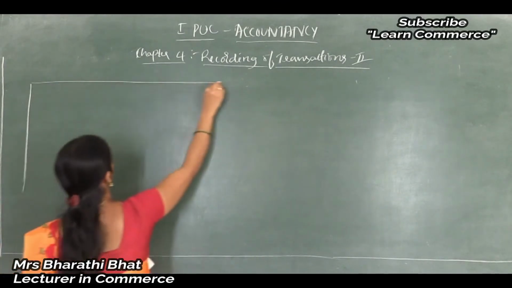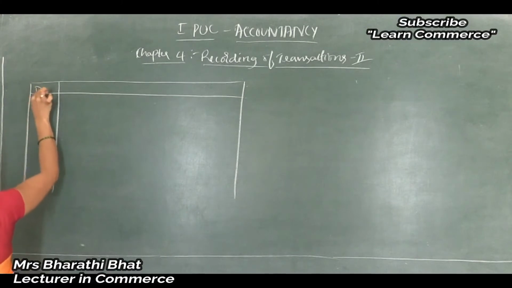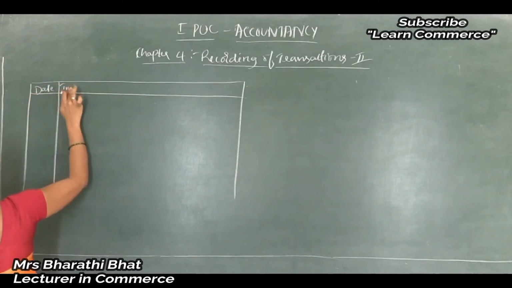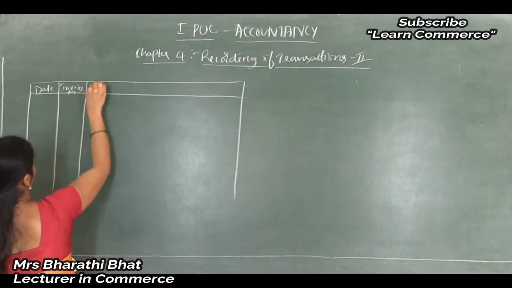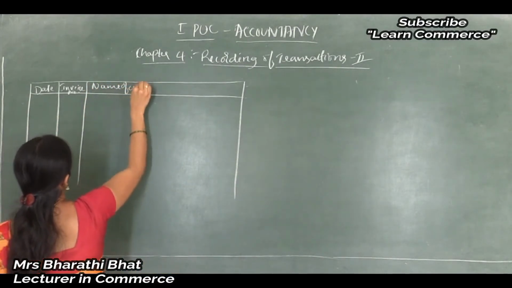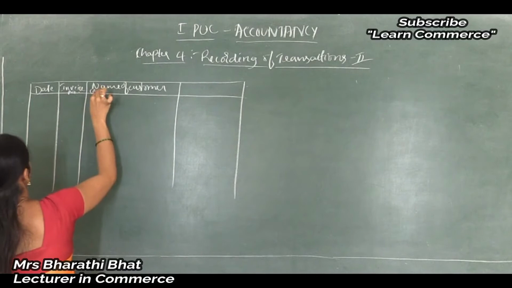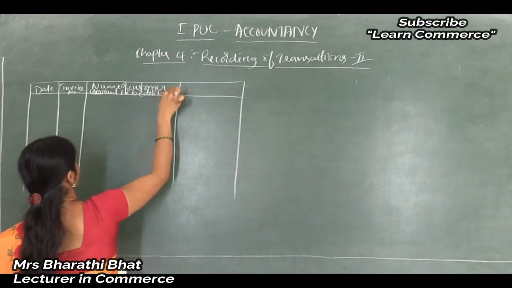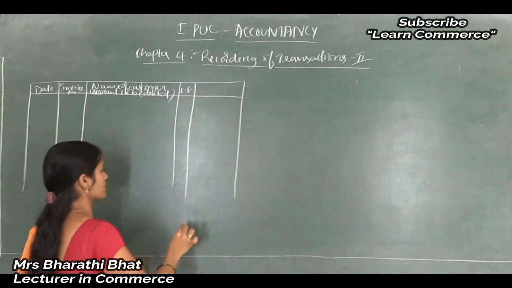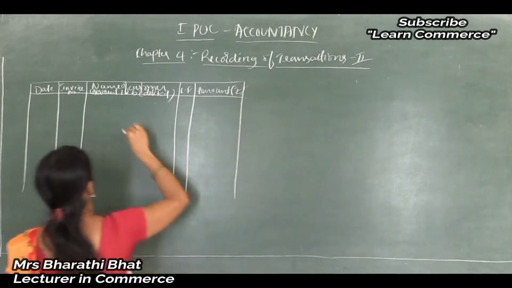See, this is the format. Very simple. Date, invoice number, and name of customer, in brackets we have to write account to be debited, and the next one for LF, it is a small column, and the next one amount, that is in rupees.